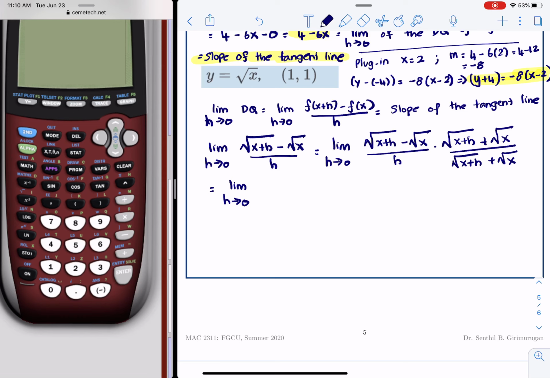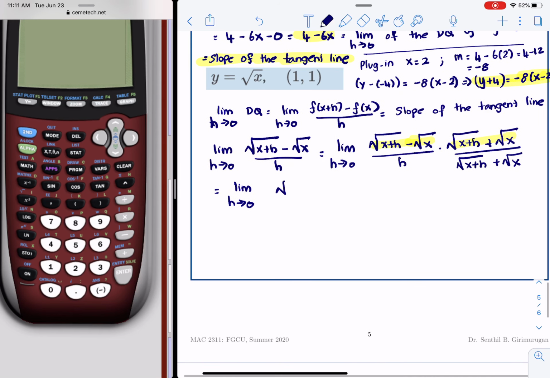So if I FOIL the numerator by multiplying that term with that term, we will have square root of x plus h squared minus square root of x squared divided by h times square root of x plus h plus square root of x.